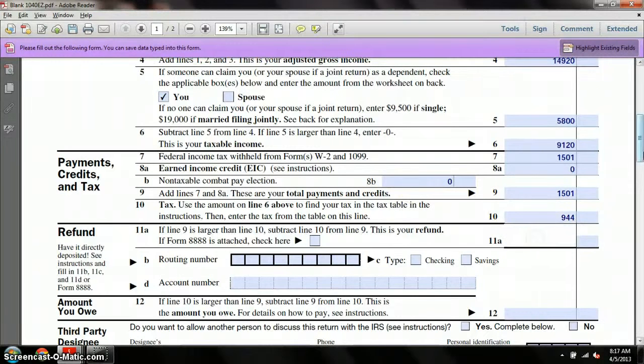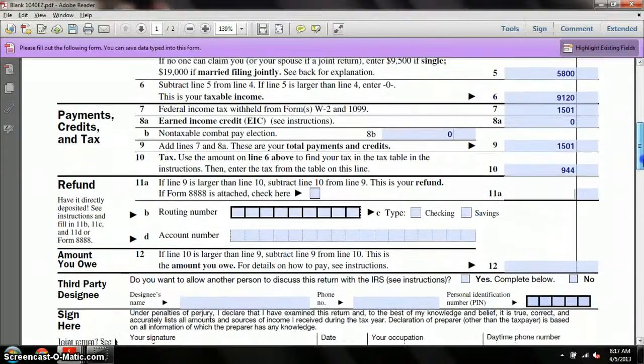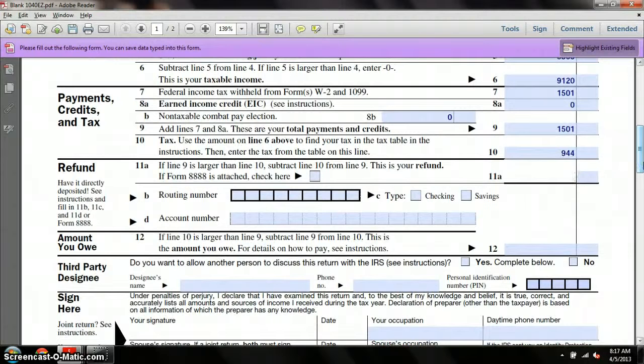Okay. Now 11 is calculating our refund. So if we're going to receive a refund, this is where we're going to enter this. If line 9 is larger than line 10, subtract line 10 from line 9. This is your refund. So as you can see, line 9 is larger than line 10.